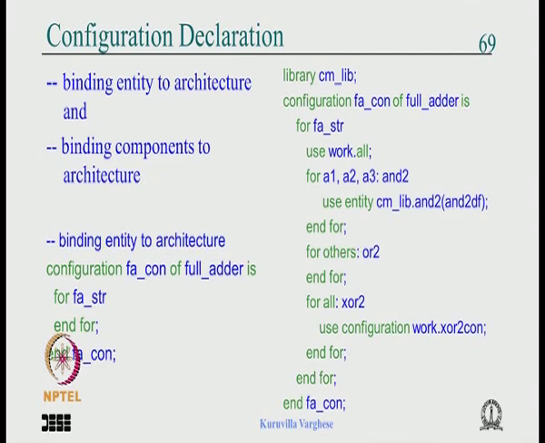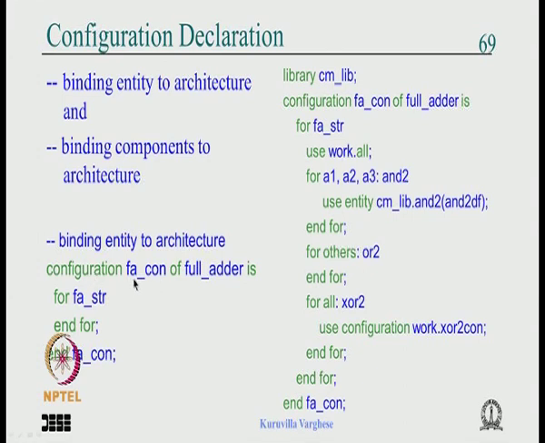So let us look at a very simple example wherein the entity is just bound to the architecture. This is the syntax: configuration, which is a keyword, then a name.